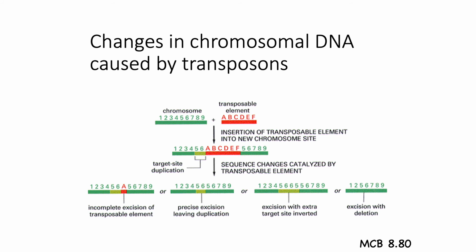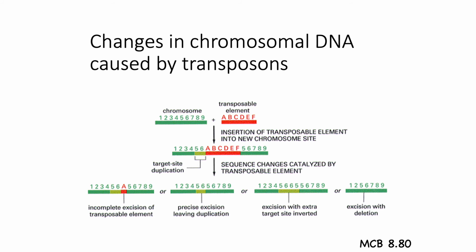So you can see there's a 5 and a 6 on either side of the red element. And now when it excises, again, most of the time it's going to be pretty precise, but sometimes it leaves part of the element behind. That's what's shown on the left at the bottom. Next to that is a precise excision, leaving this short repeated sequence.